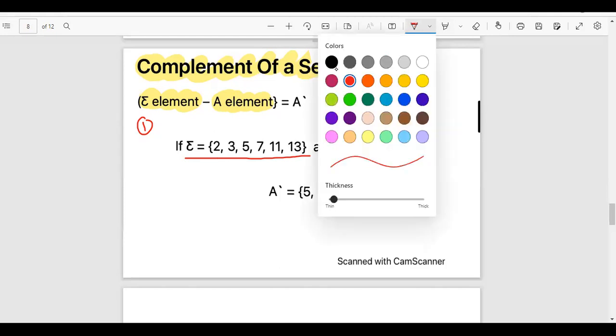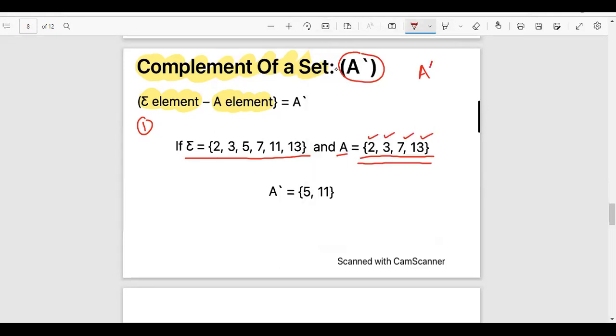Now I'm interested in defining the complement of A. So I will be crossing out the elements of A from the universal set. Okay. So 2 would not be there because I'm interested in all the elements of universal set except A. 3 would not be there. Then we have 7, 7 would not be there. Then we have 13, 13 would not be there.